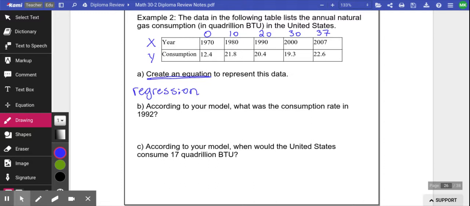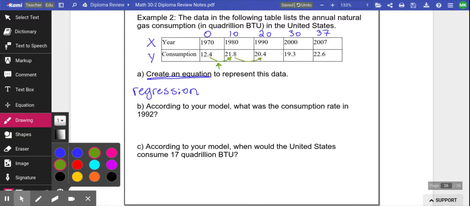The way I choose the right one is by looking at the Y values. So my Y values, I start at 12. From 12 to 21, I went up, and significantly up. From 21 to 20.4, I went down, but just a little bit.